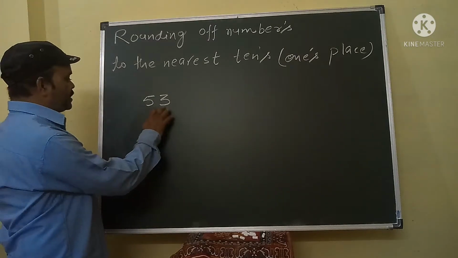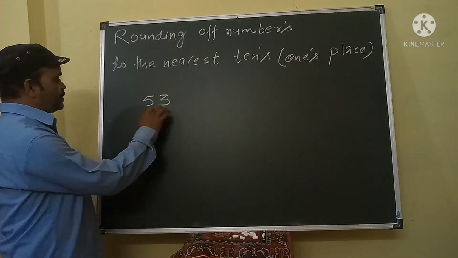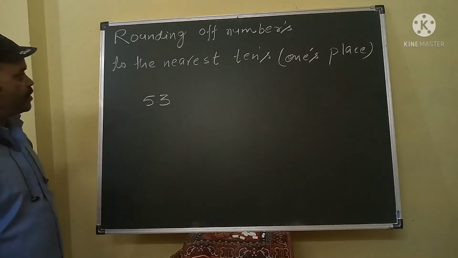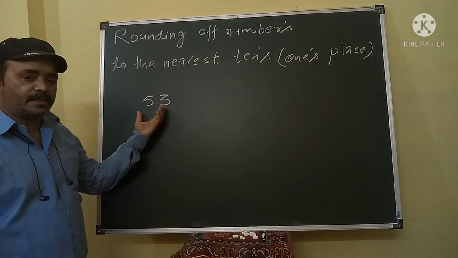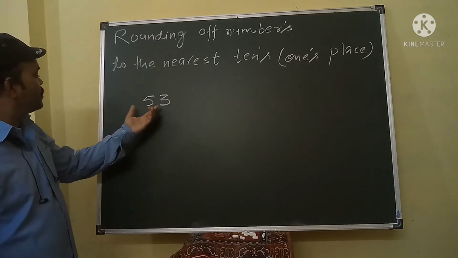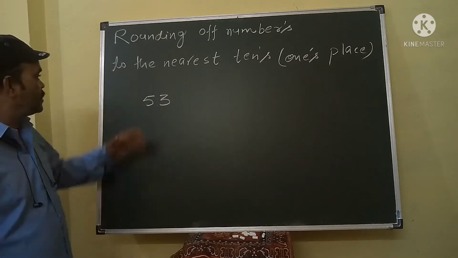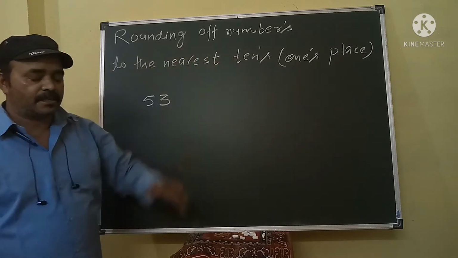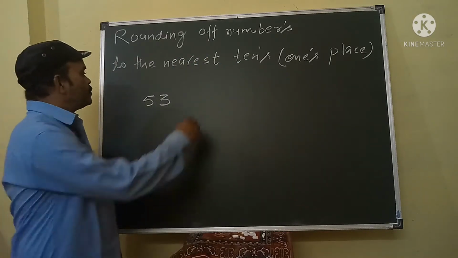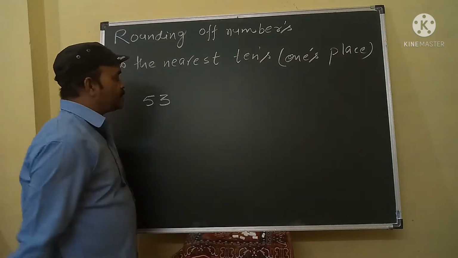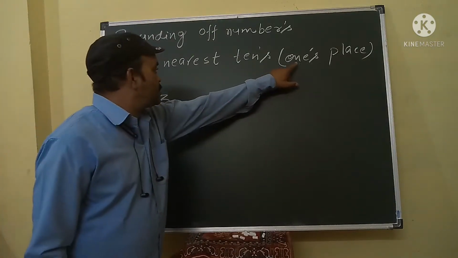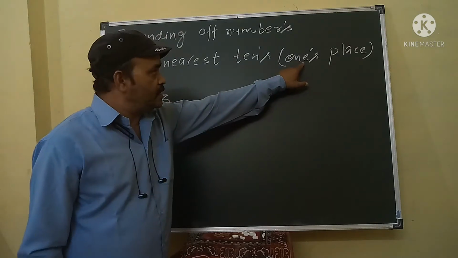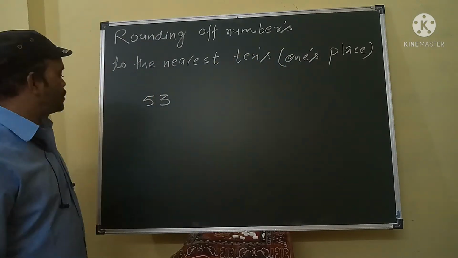Suppose this is 53, and you will find the rounding of 53 to the nearest tens. So what will you do? We will find the ones place digit.